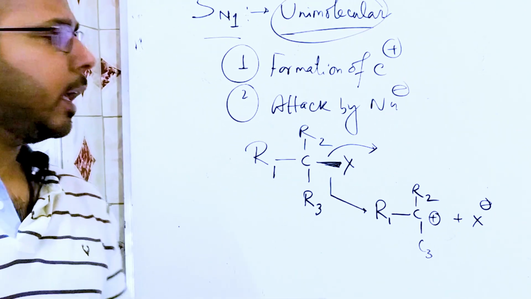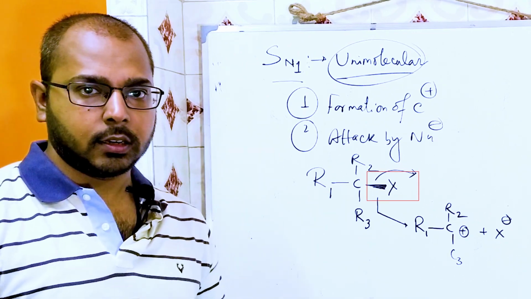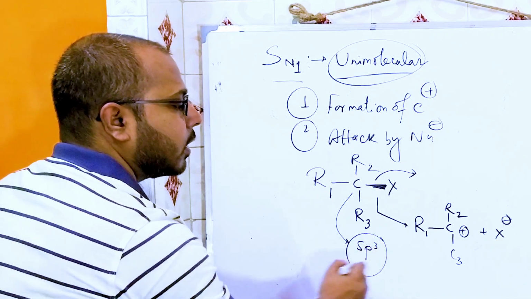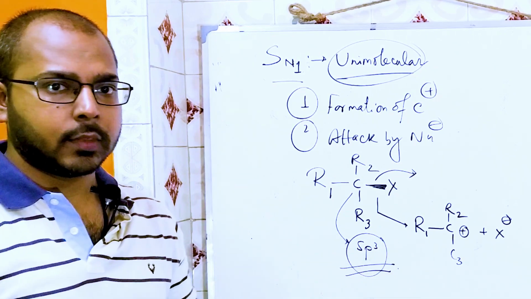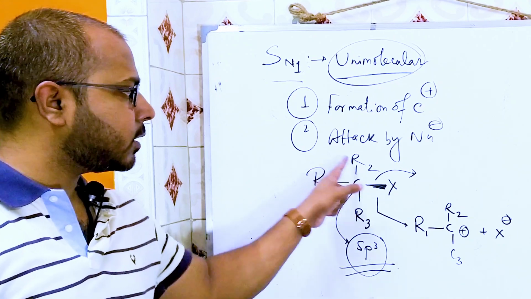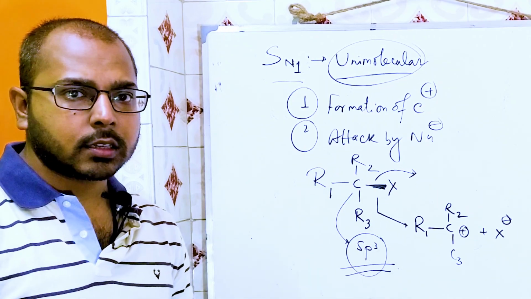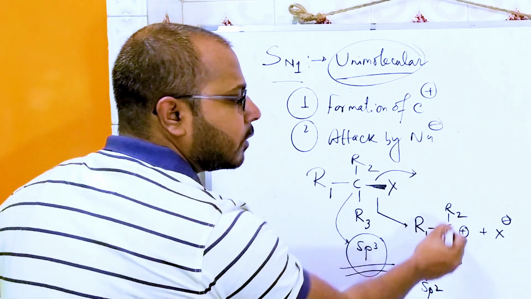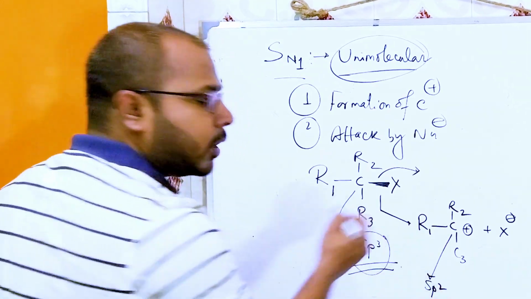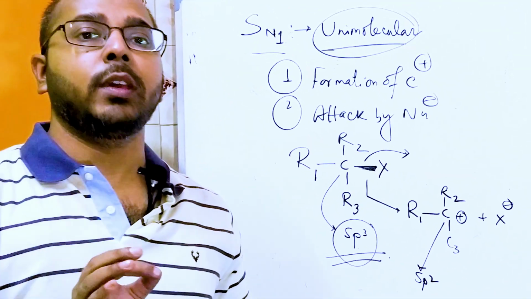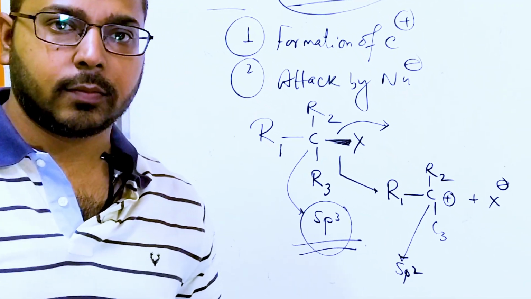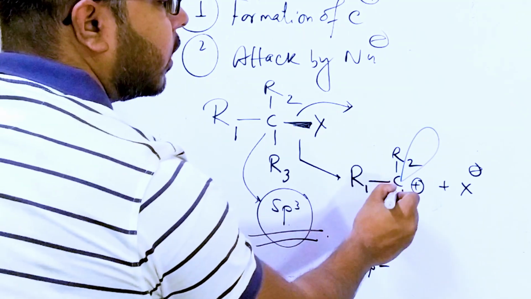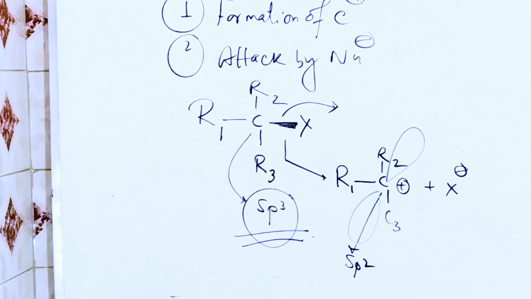It may be below the plane, but I am considering it is above the plane. Then you know, now the carbon atom is sp3 hybridized because 4 sigma bonds are there. But now it becomes sp2 hybridized. 3 sigma bonds are there, 1, 2, 3. So sp2 means it becomes a planar structure, and it will have its vacant orbital like that.